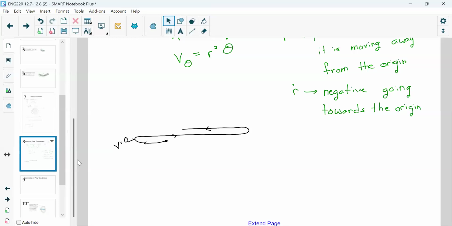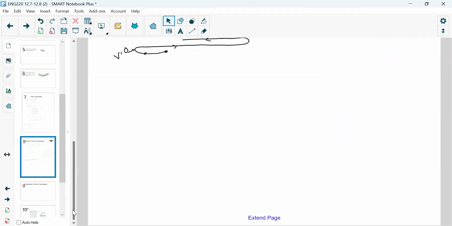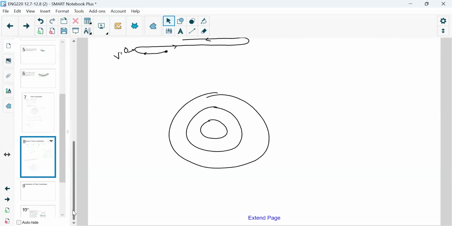All right, so to address Valerie's question. If I have it here and I'm heading towards the origin, my R dot will be negative. At that exact point, at the origin, my R dot is going to be 0 because we're measuring it relative to the origin.